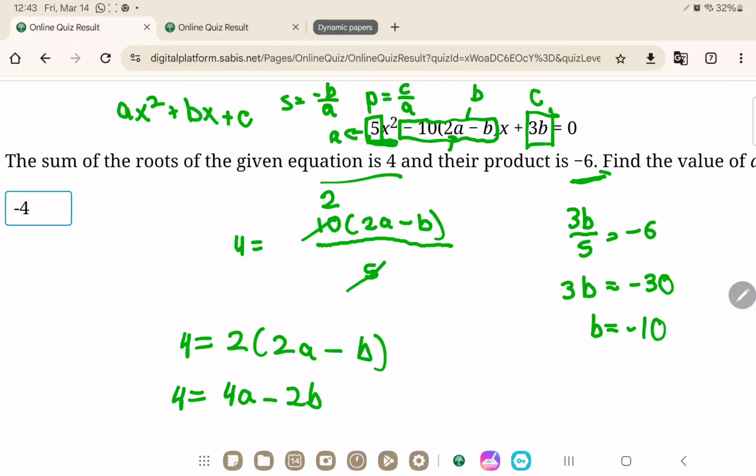Now we have B. So 4 equals 4A minus 2 times negative 10, which becomes plus 20. When you move 20 to the other side, it becomes negative 20 plus 4, so negative 16. So A equals negative 4. And that is it. Moving on to our next question.